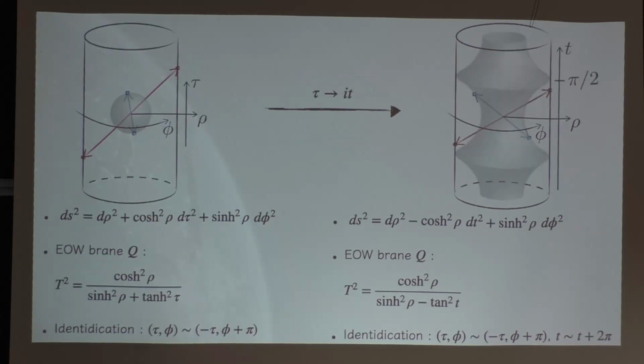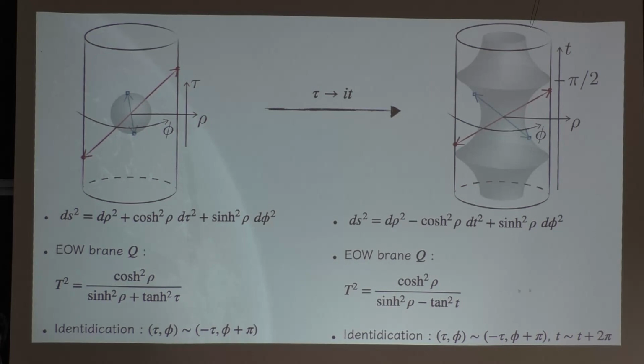Then let us use this coordinate and take the continuation from Euclidean time tau to Lorentzian time t. You can say in the new Lorentzian time direction, the end of the world brane shrinks and bounces in the time direction, and the intrinsic geometry of this end of the world brane is locally dS2.